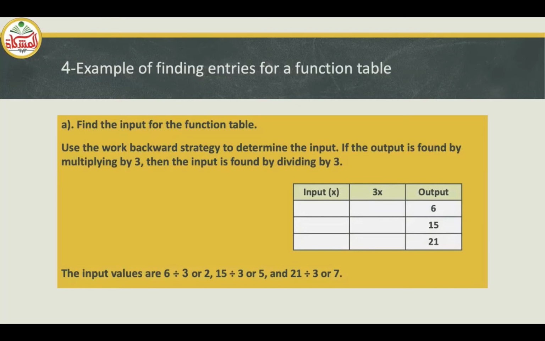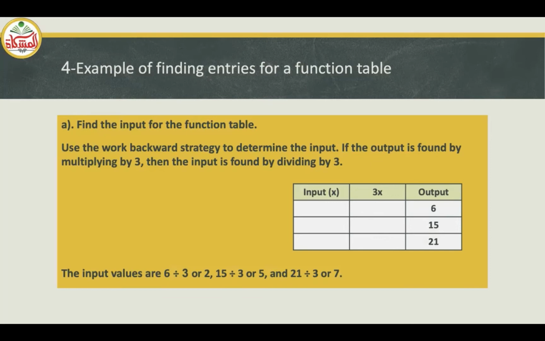Okay, here we don't know what the input is, so we use the output and use the backward strategy. Okay, 6 divided by 3 equals 2.